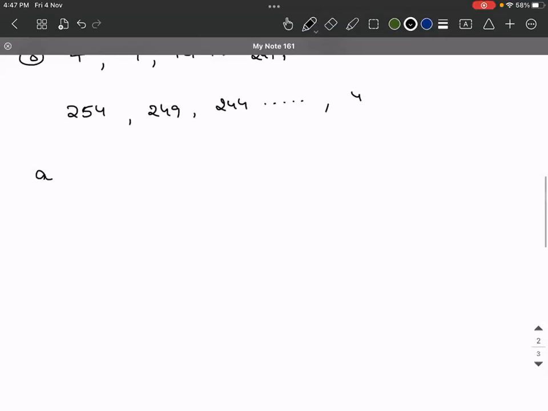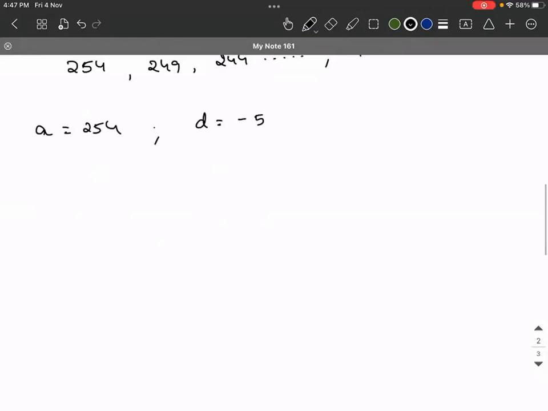Yeah. So A is going to be 254. D is going to be how much? D is -5. When you write the pattern in reverse, D is going to be -5. So now you need to find the 10th term. T10 is going to be equal to A plus 9D, so A is 254 minus 45.